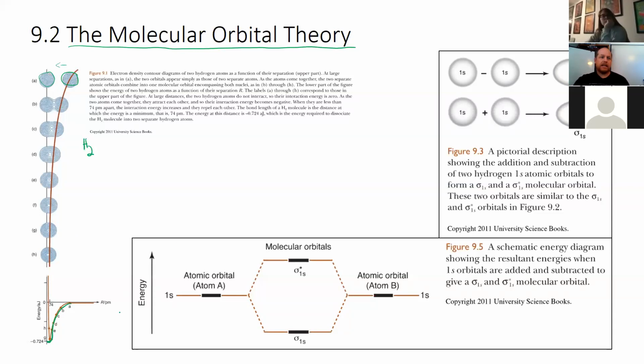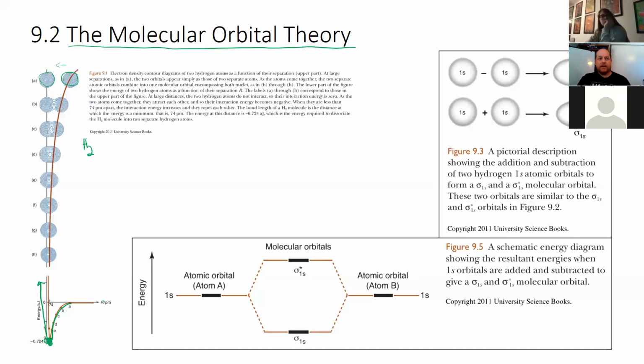If you try to push them together, in terms of energies, the energy goes up very, very quickly because now you're trying to push the nuclei too close together. So you really want the nuclei apart enough to share the electrons very well, and form that bond. The bond is formed, and we think of a bond length as the distance where we have that minimum energy down here.